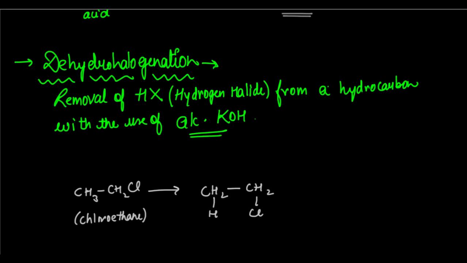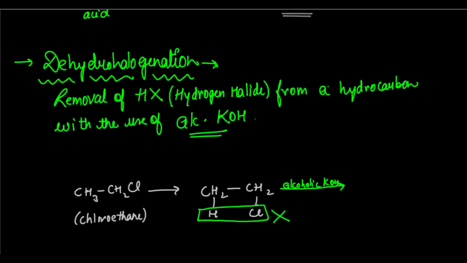Now, when this reacts in the presence of alcoholic KOH, at that time this HX will be removed. So H along with X, which is here chlorine, which is a halogen. So the HCl group will be removed.